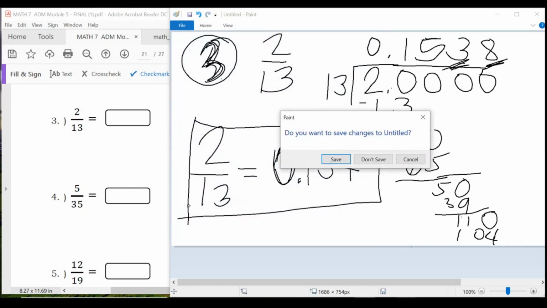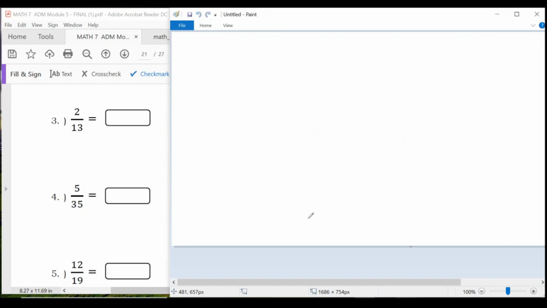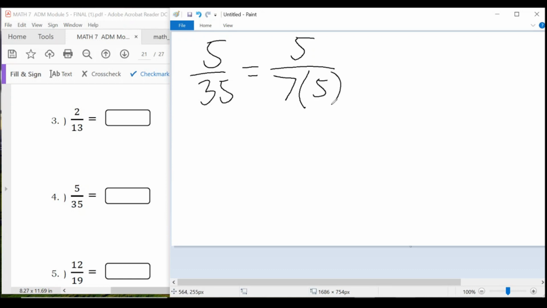for number 4, we have 5 over 35. Is this expressed in the simplest form or may common factor ba? Si 35, can we divide 35 by 5? Yes, that is equal to 5 over 7 times 5.